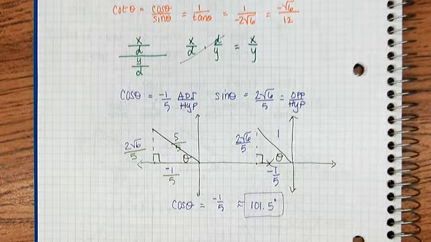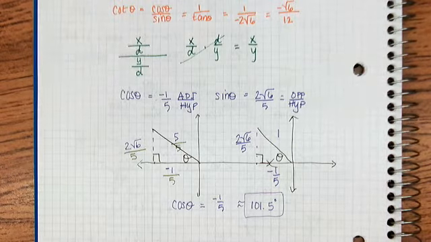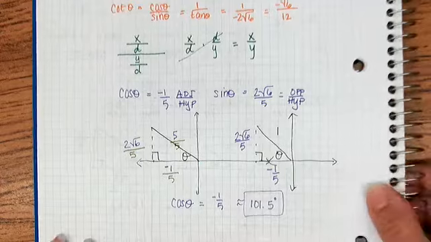Okay, so what happens when you don't have the same hypotenuse? Well, you can figure that out. So let's say that I give you an ordered pair, -1, -2.